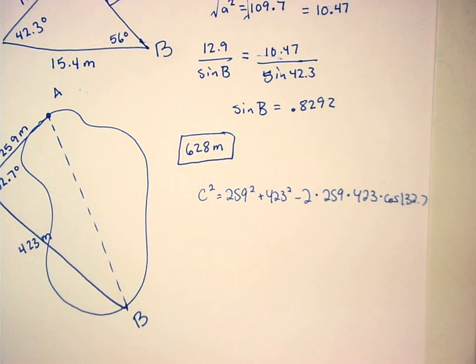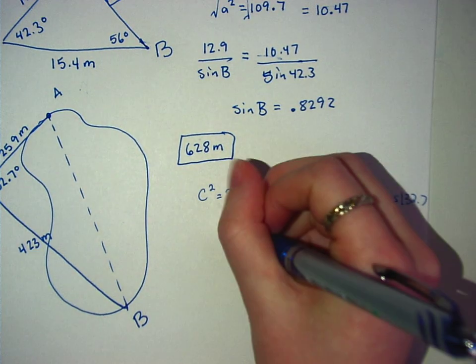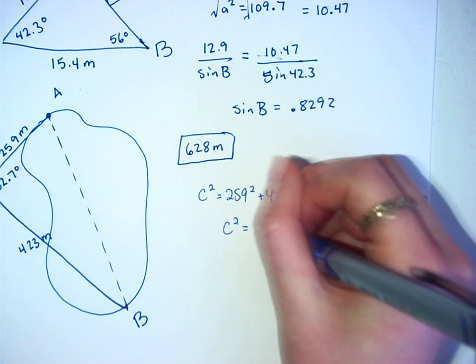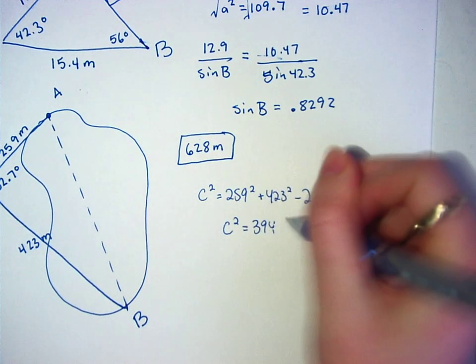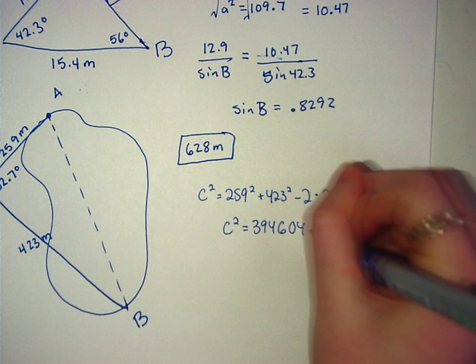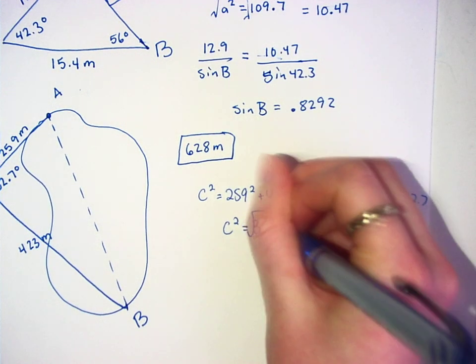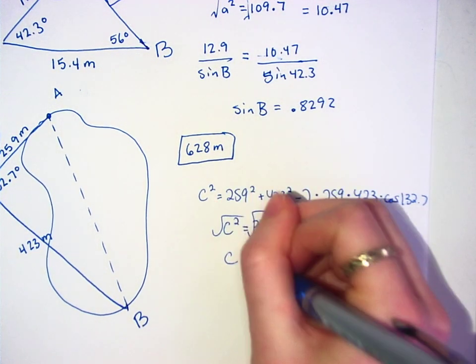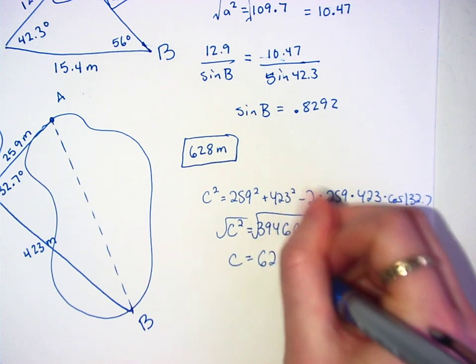And then we put that all in our calculator and we got c squared equals 394,604.28. And then we square root both sides and we got 628 meters.